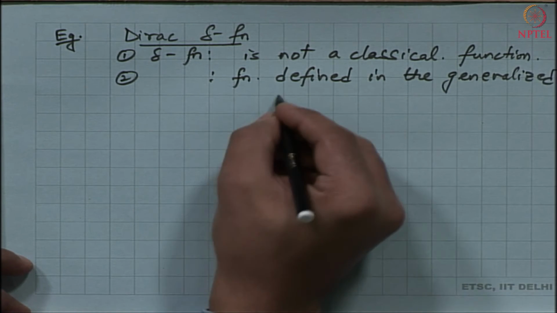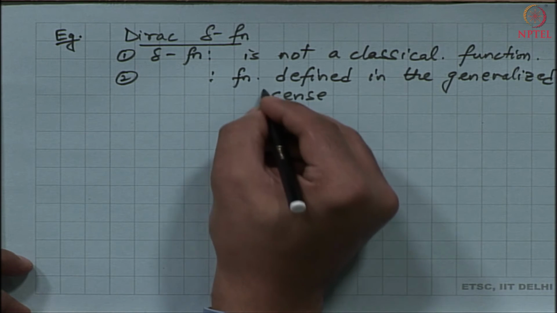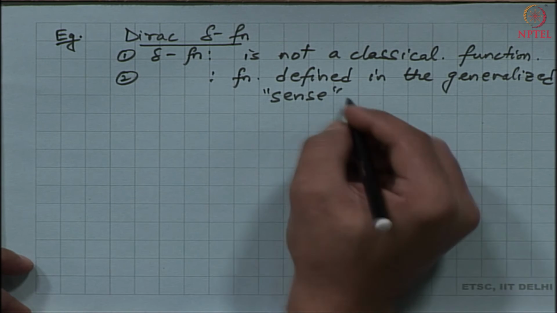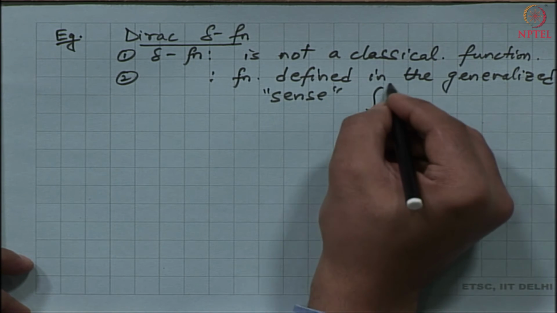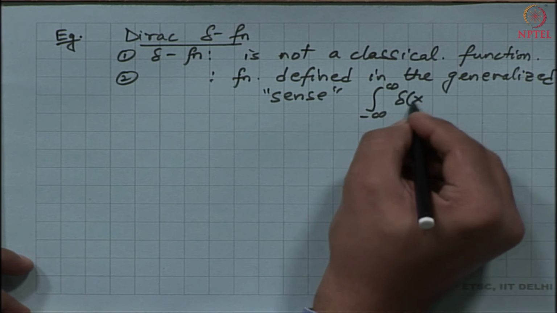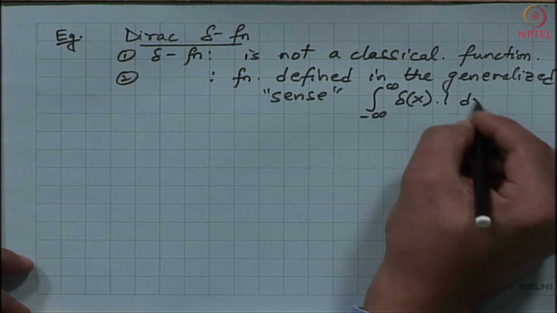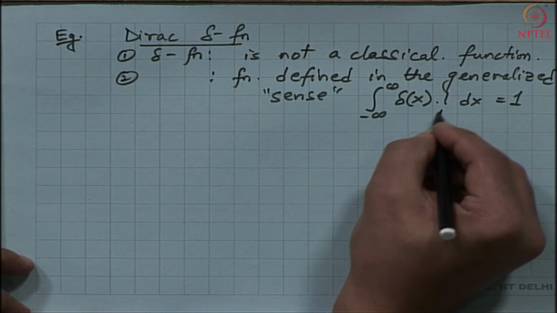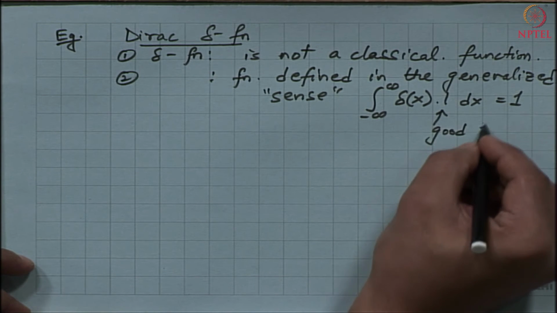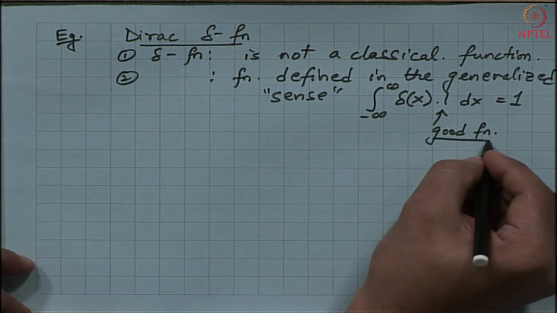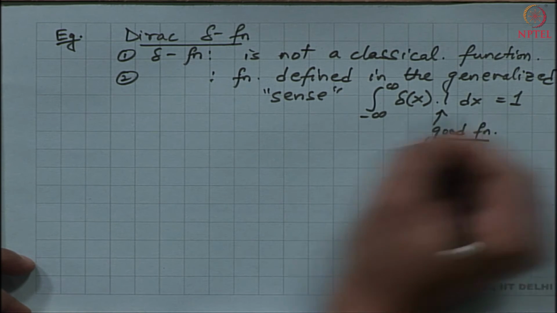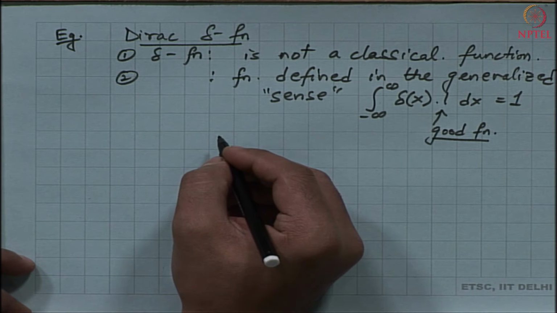So, it can only be defined in the generalized sense. Why? Because I know that the integral of delta of x times 1 dx is equal to 1. So, here my 1 is my good function, right. So, in the generalized sense, my delta function is a function that can be defined.